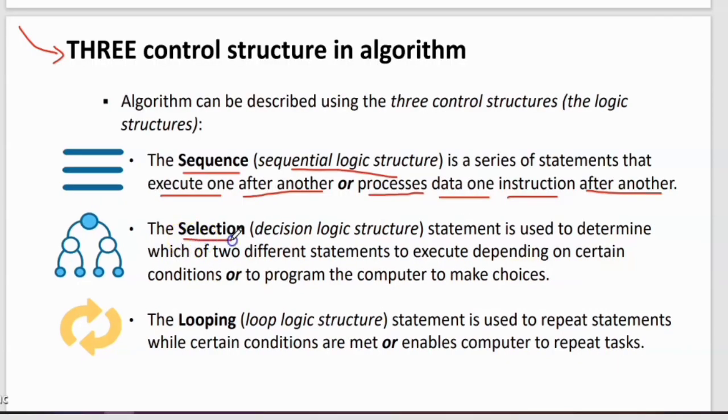We have selection, known as the decision logic structure. The statement is used to determine which of two different statements to execute depending on a certain condition, or to program the computer to make choices. In selection, we have to make a decision based on the condition.